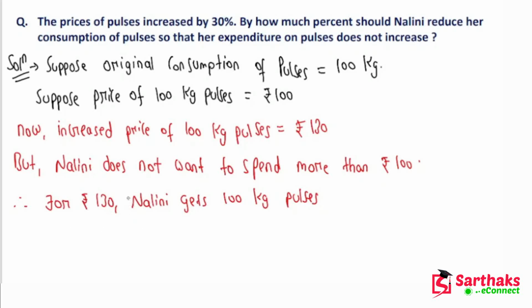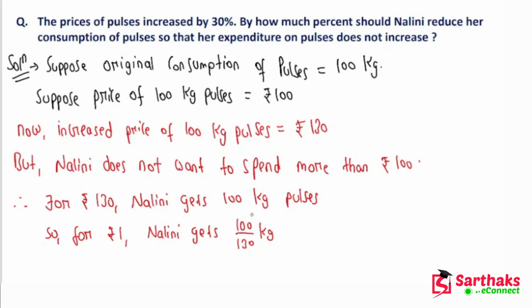So what will 1 rupee give you? 100 divided by 130. That is simple. So for rupees 1, Nalini gets 100 upon 130 kg. You will divide both of them by 130, so it will become 1.